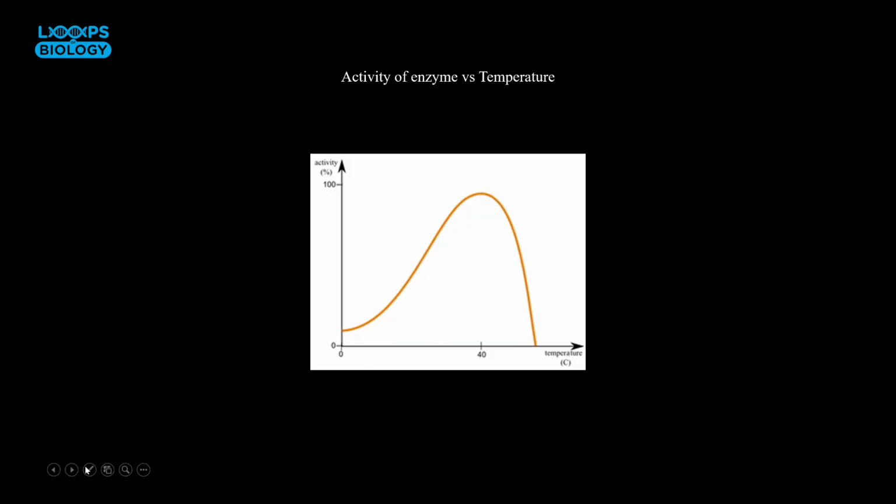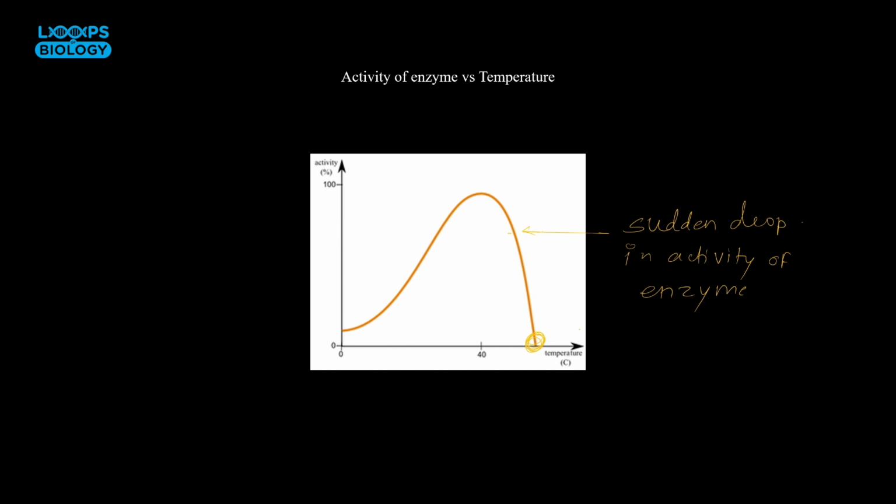But if we are talking about temperature, then you can see there is a sudden drop in the activity of the enzyme, and finally the enzyme becomes inactive. At this particular time the enzyme is degraded.